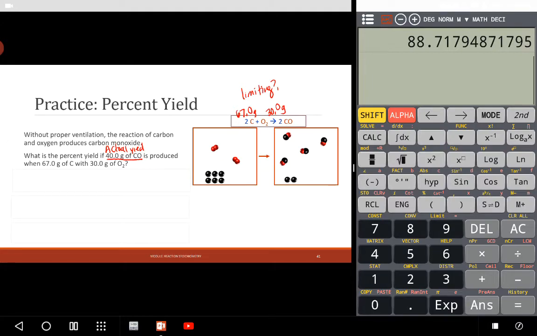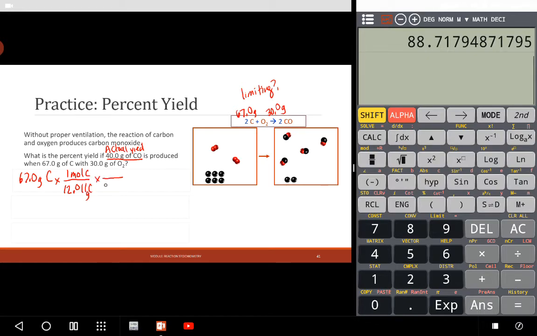So let's go over this. If I use up all 67 grams of my carbon, how much carbon monoxide is that? It's 12.011 grams per mole of carbon.